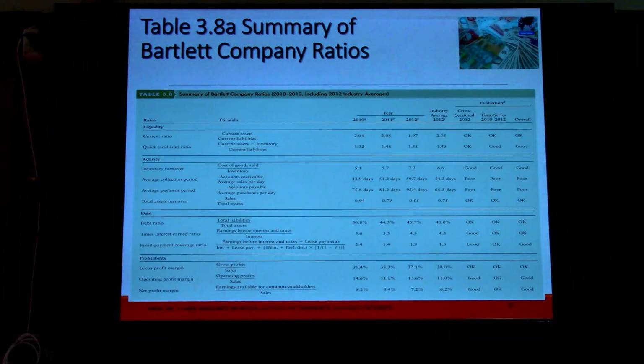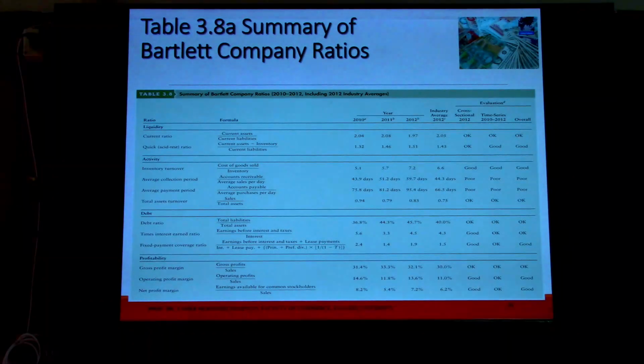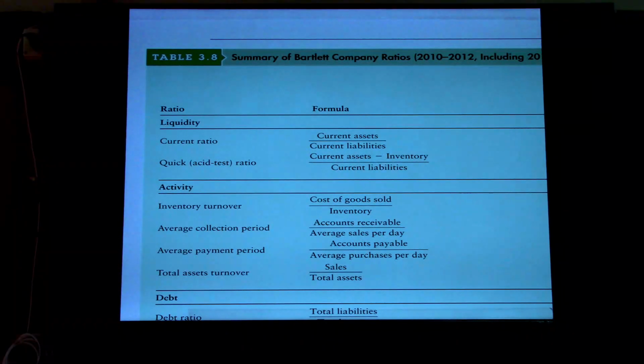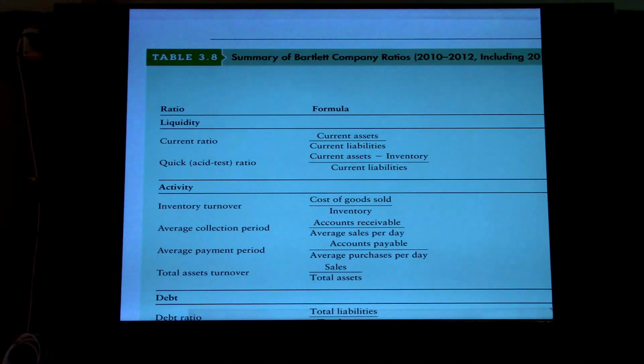As you see here, we design this table in this way. First, we started by a ratio. We started by the first classification of these ratios, which is liquidity. We have two basic types: the current ratio and the quick ratio.